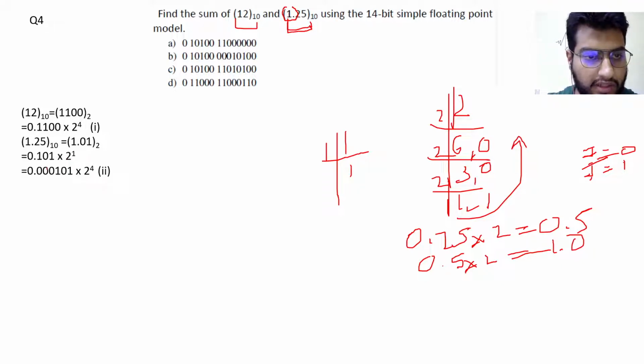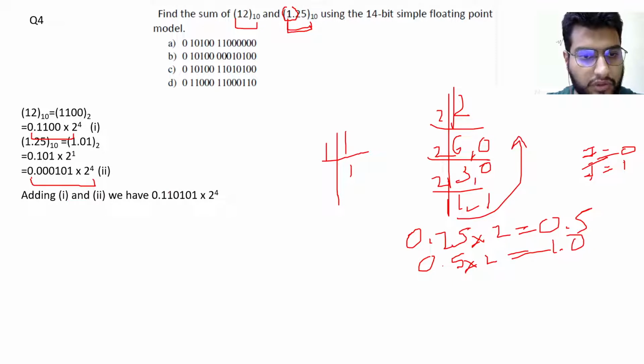Now I will normalize it. So it will be written as 0.101 into 2 to the power 1. To make both in the same form, I'll just right shift the number. So it will be like this. This number is equal to this, so they will be in the same form. And now I will add up these two numbers. So adding, we have 0.110101.